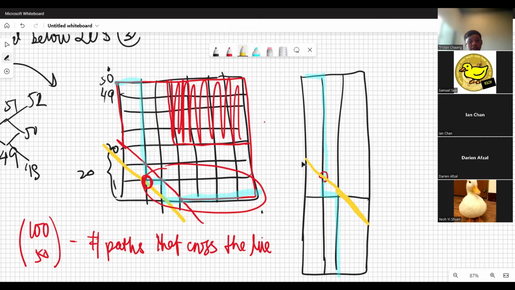So once I touch the yellow line, whatever's after it, I reflect across the yellow line. And now what do we see? Oh, sorry, this is a bit wrong. If I reflect across the yellow line, in fact, I'll just have this.